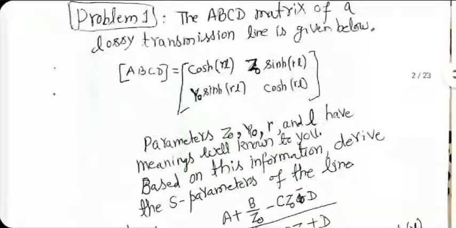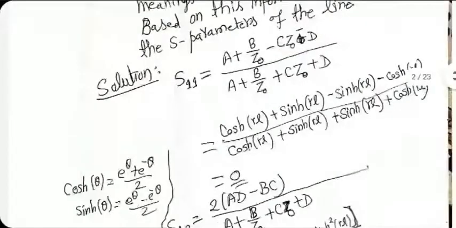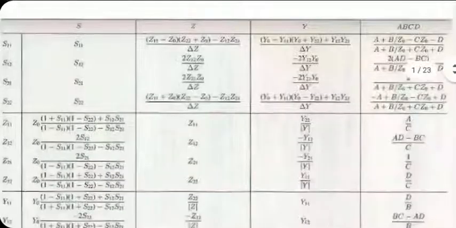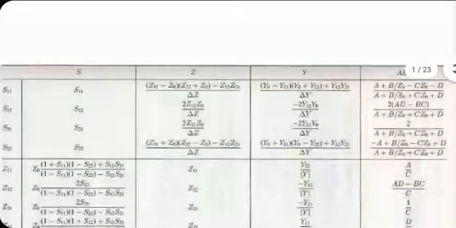Now coming to S12, the formula is 2 times AD minus BC divided by the same denominator. In all the 4 formulas for S parameters, the denominator is identical. Now for a reciprocal network, AD minus BC is 1 and a transmission line is a reciprocal network.